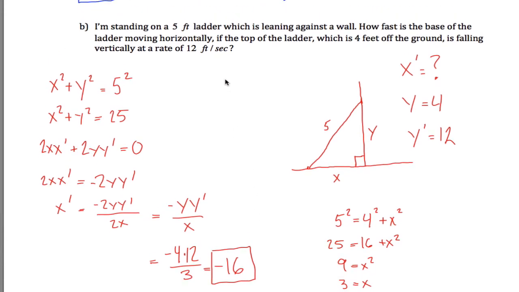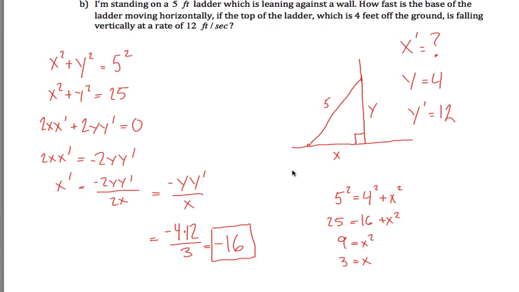Okay, so what does that mean? The negatives are a little bit weird. The reason it came out negative is because we thought about moving in a direction. Like if you think about this as a vector, negative means it's moving this direction. We could have made y negative mean it's going down, and then the 16 would be the right sign.